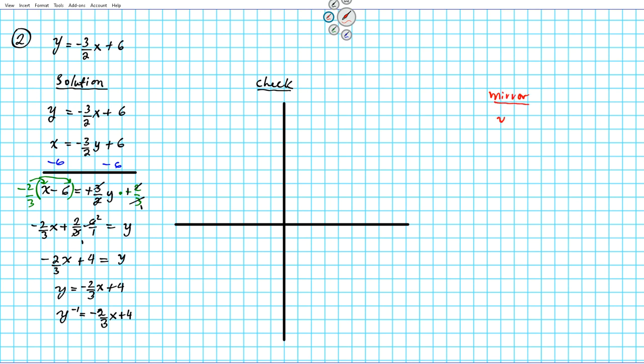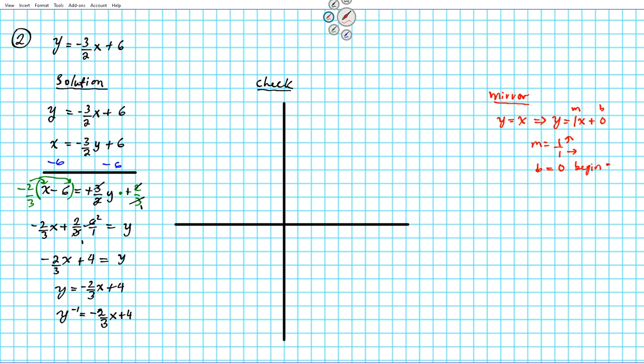The mirror is y equals x. In slope-intercept form, that's y equals 1x, invisible coefficient, plus 0. So this is our m, and this is b. So m is going to be 1 over 1. We're going to rise 1, run 1, and begin at 0, 0.